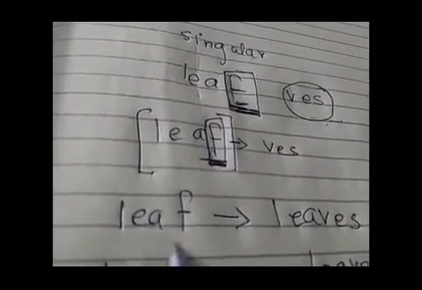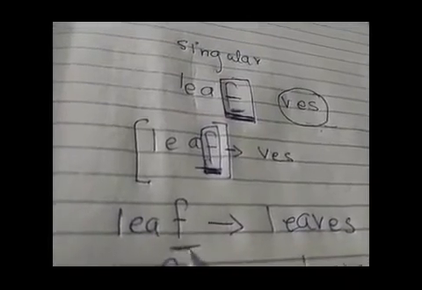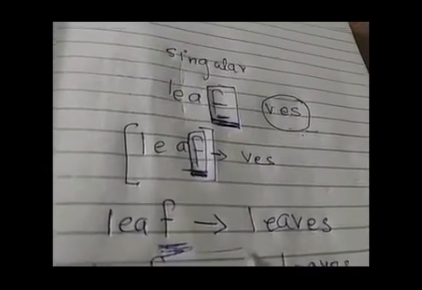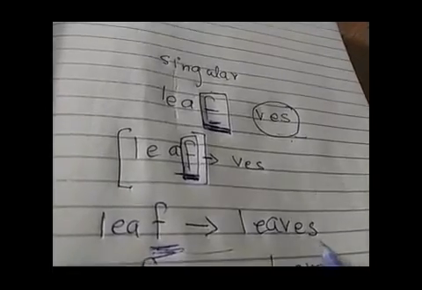As I have explained in leaf, the end of it is f. So whenever f is at the end of a singular word, it becomes plural by replacing f with ves.